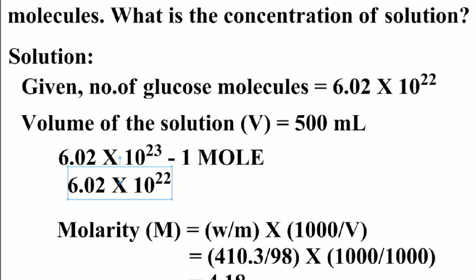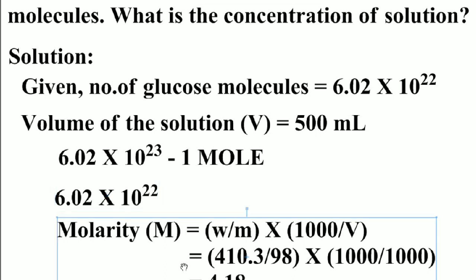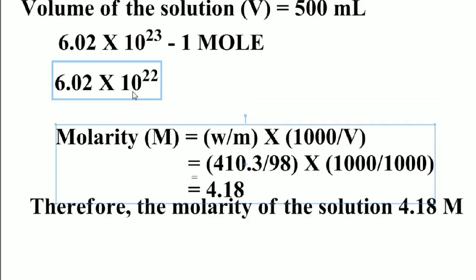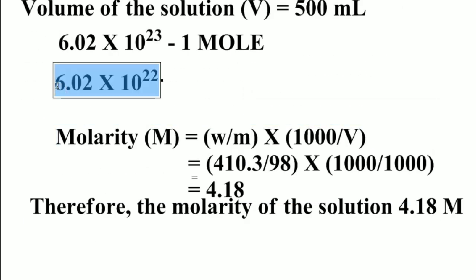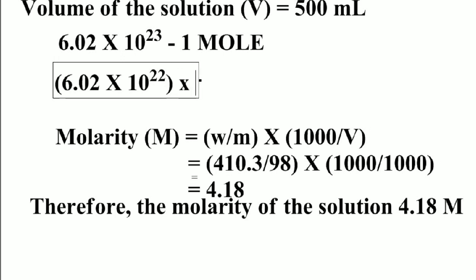So students, for the sake of convenience, you can multiply the given number of molecules by 10 and divide by 10. So finally there is no change in the value.